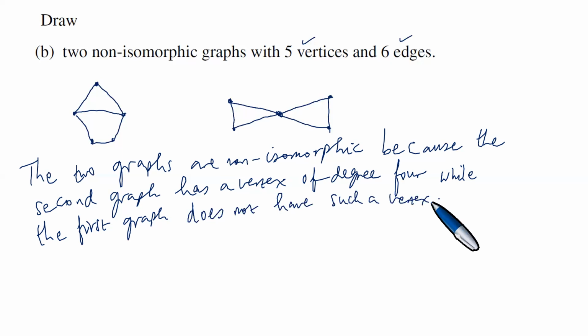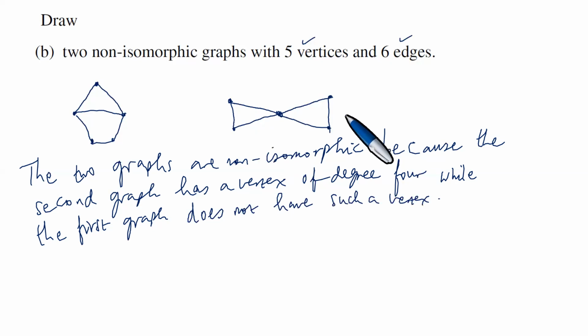They're not isomorphic. Why? Because this one has a vertex of degree 4, while the first graph does not have such a vertex. So it's enough to say the two graphs are not isomorphic, because if they were isomorphic, then if there's a vertex of degree 4 here, you must have a vertex of degree 4 there. But most importantly, if you have vertices of a certain degree in one graph, maybe this one, degree 2, how many vertices of degree 2 here?